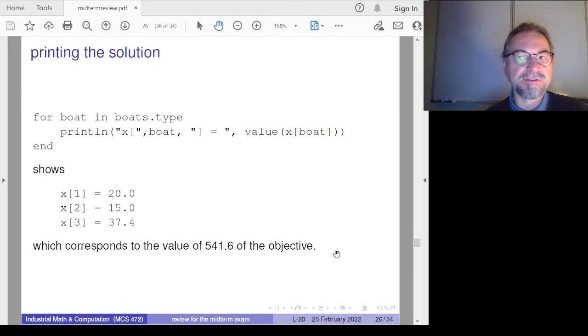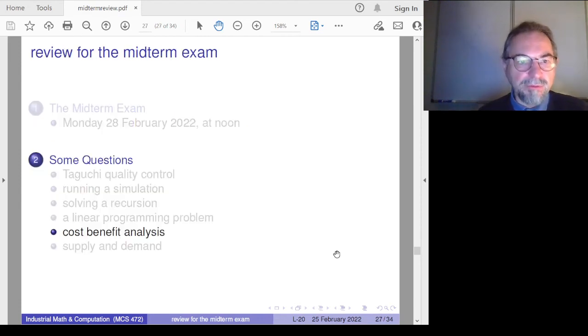If it works for 37.4, it will also work if we round down. By rounding down, we will not violate the other constraints either. It's only that our profit, our objective value will drop a little bit. Okay, so that's another problem solved.